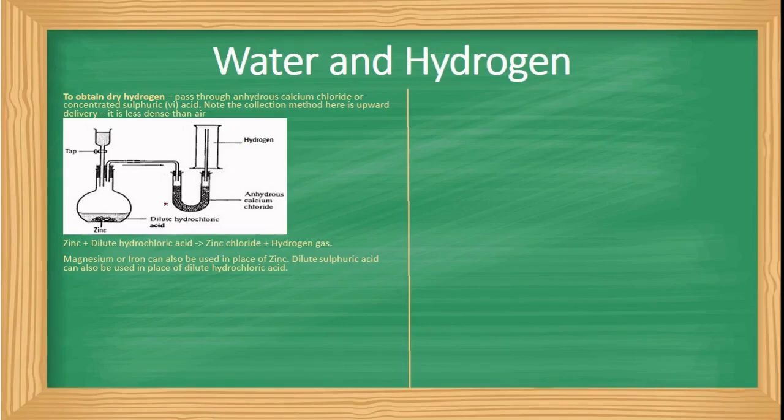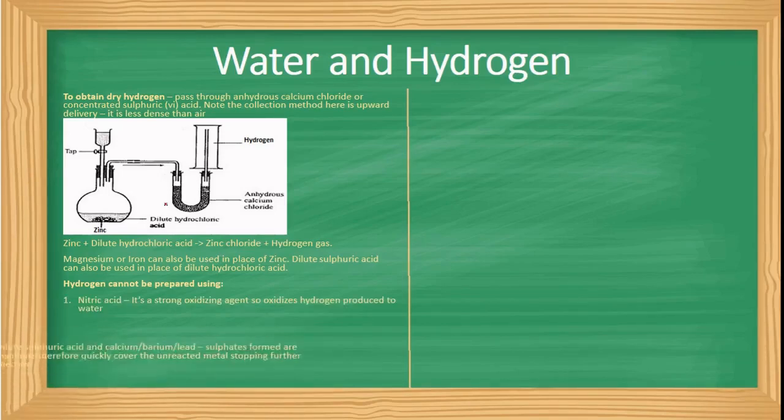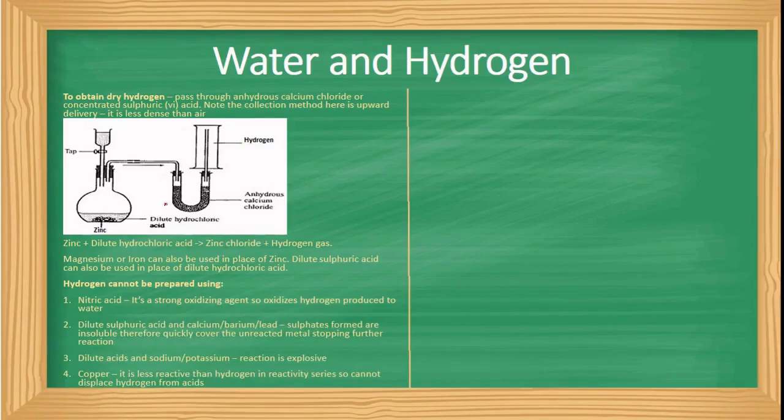That is the equation. In this preparation of hydrogen, magnesium or iron can also be used instead of zinc, and dilute sulfuric acid can also be used instead of dilute hydrochloric acid. There are 4 reactants that cannot be used to produce hydrogen. 1, nitric acid cannot be used to replace the dilute hydrochloric acid or dilute sulfuric acid.